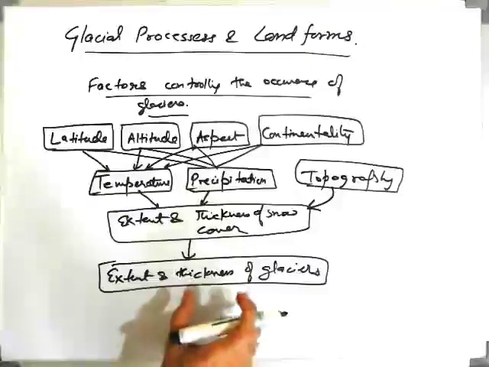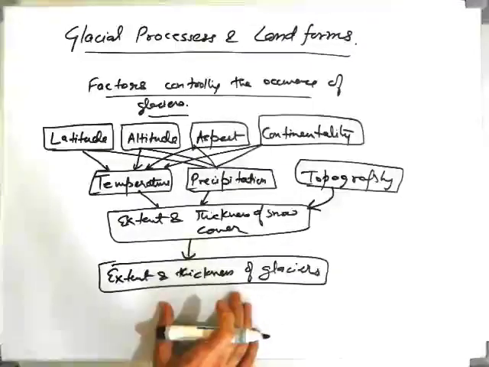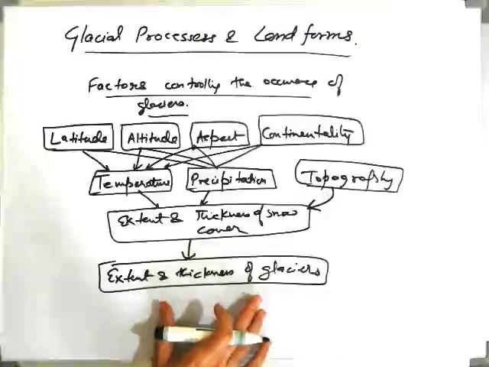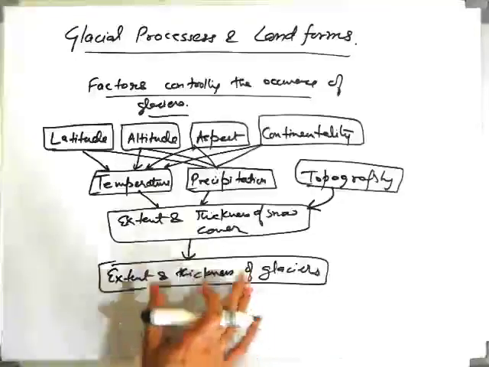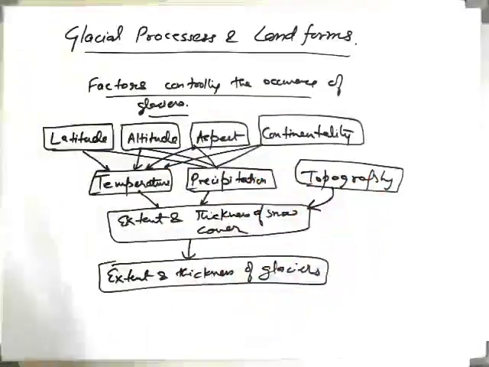So we can see the controlling factors in the occurrence and spread of glaciers are latitude, altitude, aspect, continentality, and topography.